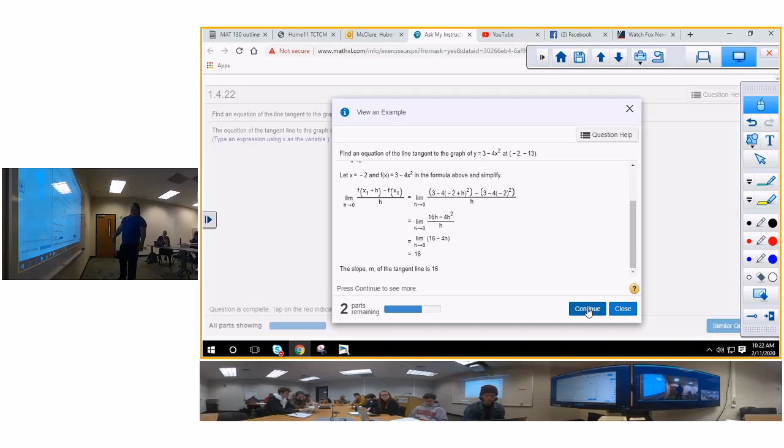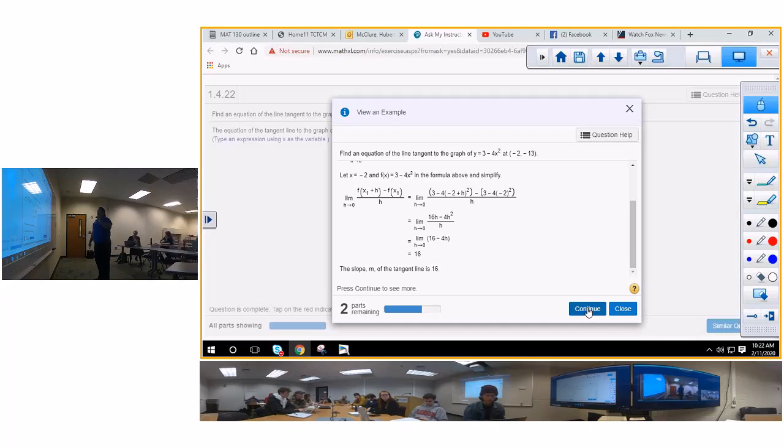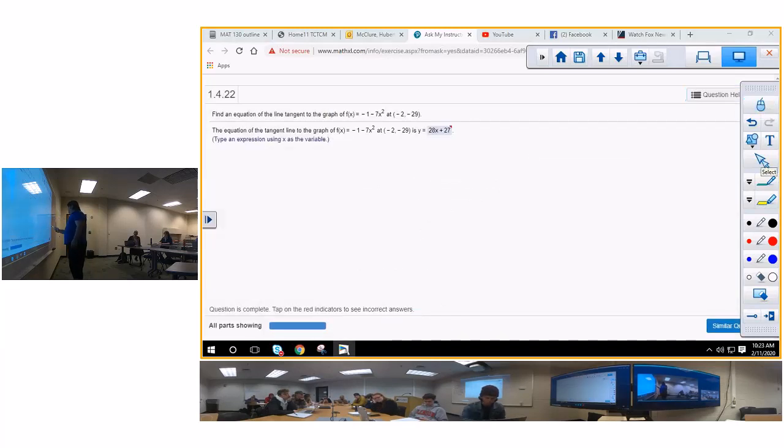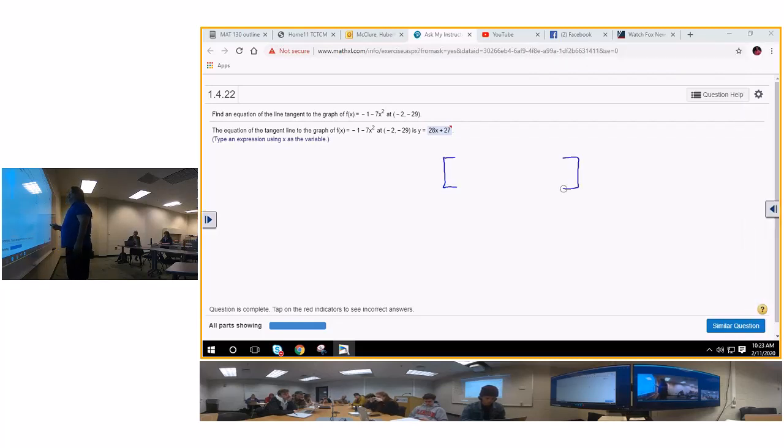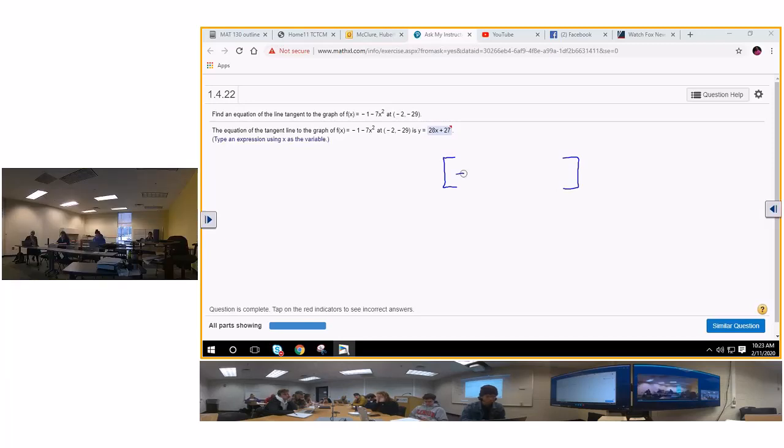So they're taking 3 minus 4x squared. Just give me a second. Okay, I think I know what they're doing now. They're taking the blue, which is right here, and they're going negative 1 minus 7 parentheses squared, and then minus brackets, and then they're plugging in the negative 2.